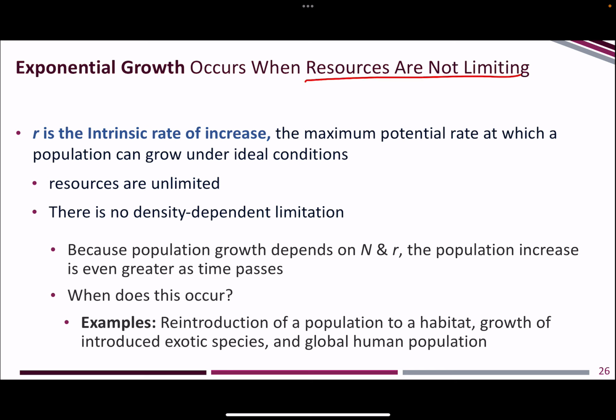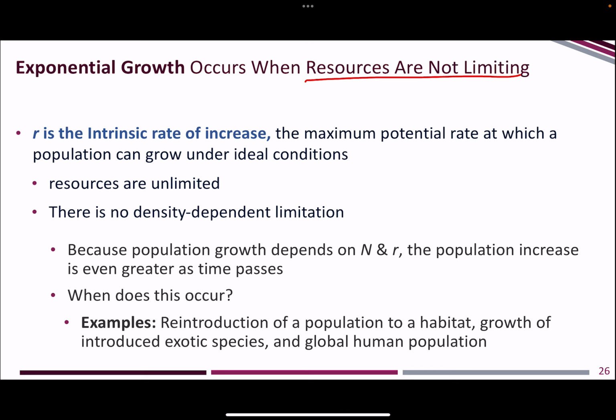So just a really simple example, we could think of deer in an urban area. They have unlimited grass, they have lots of food available, maybe people are feeding them. So food is not a limiting resource. So if we just think of that one resource, those deer can just continue to grow unchecked.